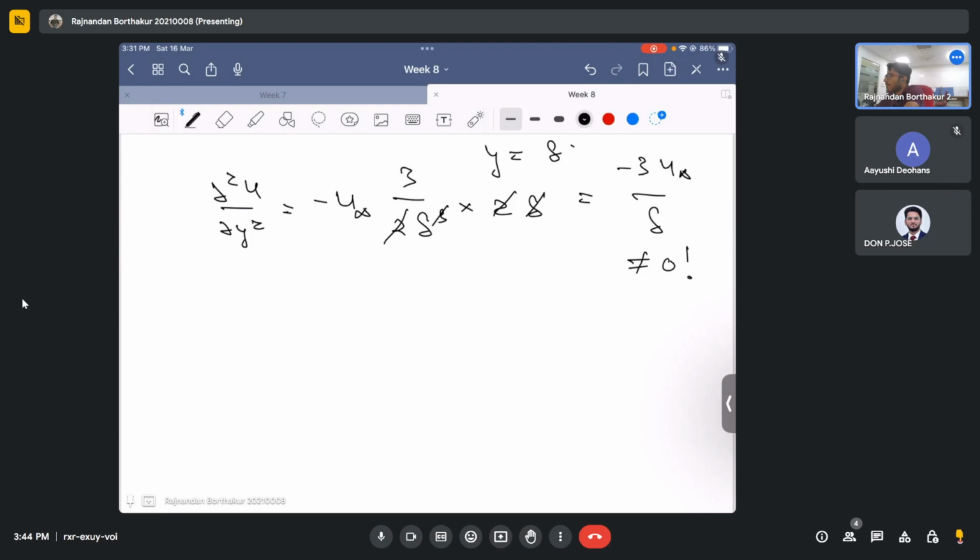Actually, they are asking about the YZ plane, which is the maximum flow velocity. Actually, it is when Z is equal to 0 and Y is equal to A by 2 root 3.